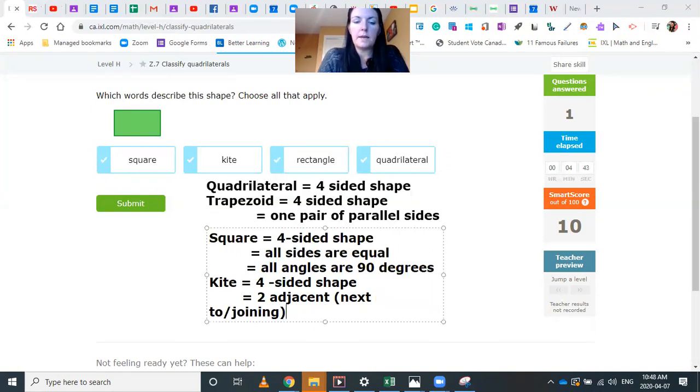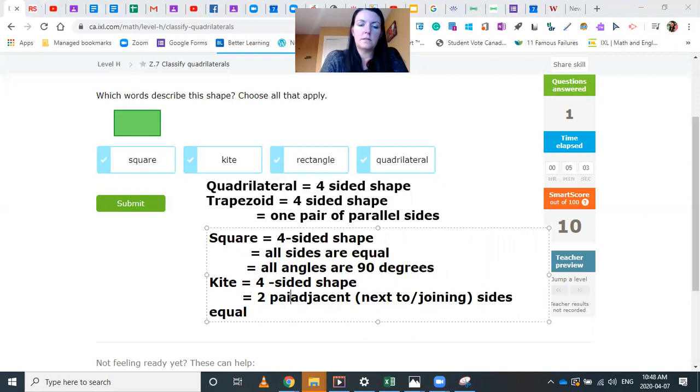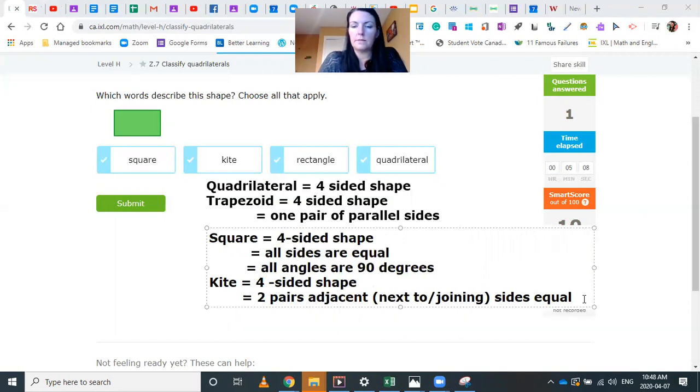In other words, they basically share an angle, right? Running out of space for my awesome definitions here. So you've got two pairs of adjacent sides that are equal in length, okay?